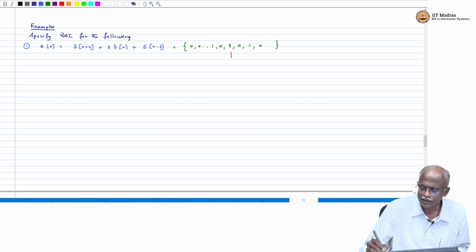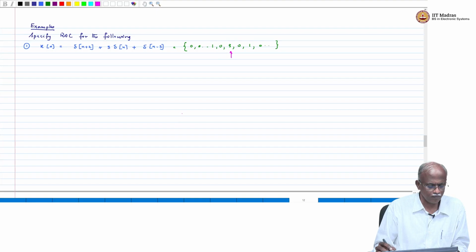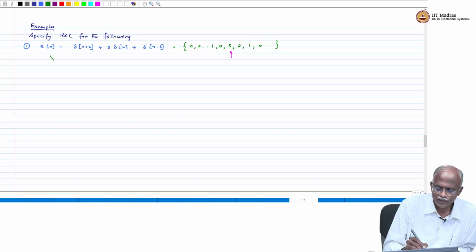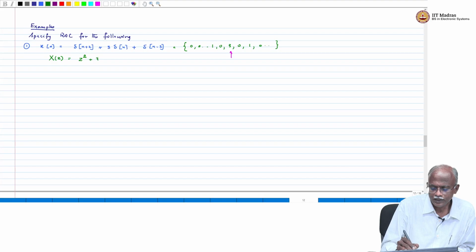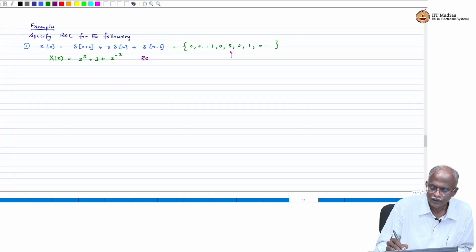So this is the origin. And X of z can be written as z power plus 2 plus 3, which is the constant term, and z power minus 2. Okay, so the region of convergence will be, it's a polynomial, so therefore it will be the entire z plane.